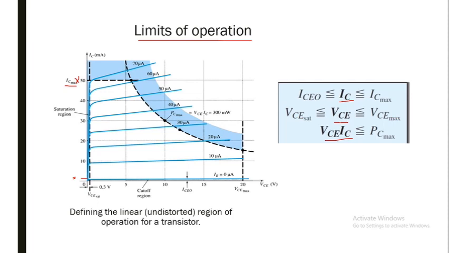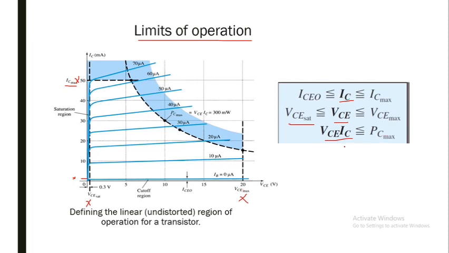And limits on VCE are defined through this inequality that tells us that VCE should be less than or equal to VCE max and greater than or equal to VCE saturation. Here VCE saturation is defined and VCE max is defined as 20 volt. So VCE should be in this range, that is VCE saturation to VCE max, in this case 0.3 volt to 20 volt.